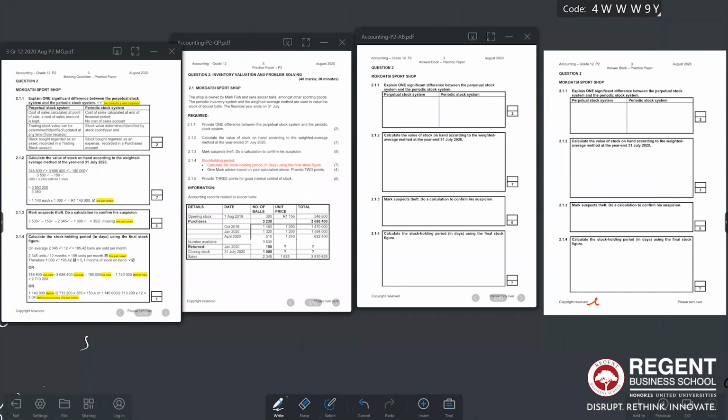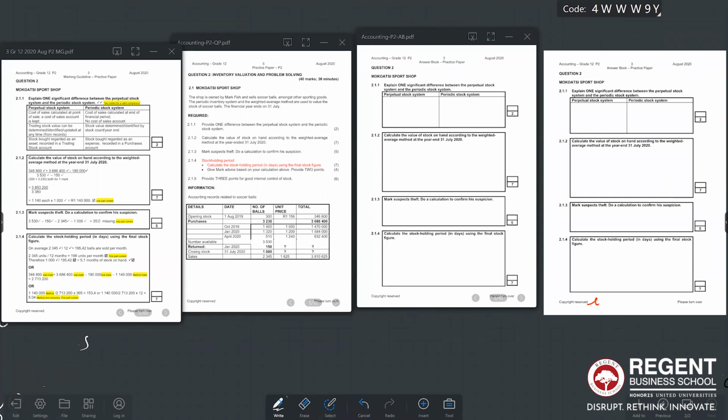If you look at calculate the value of stock on hand using the weighted average, what was your opening stock figure? The first figure on the memo is 346,800. So 346,800 opening stock plus your purchases.